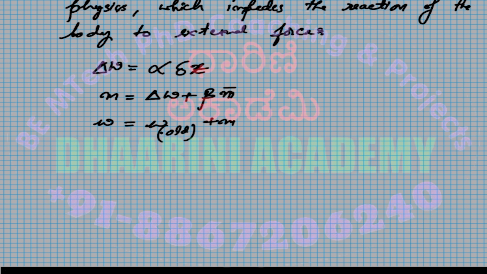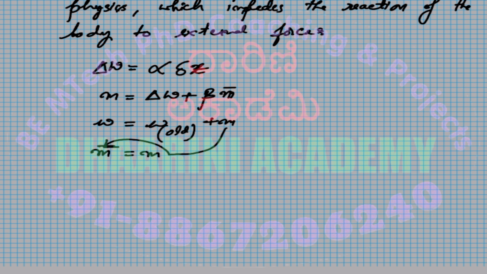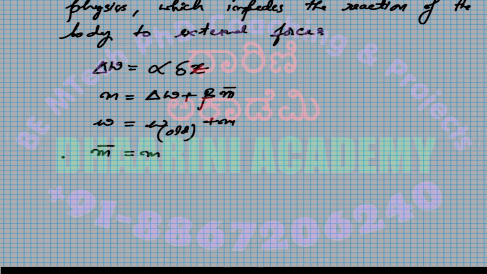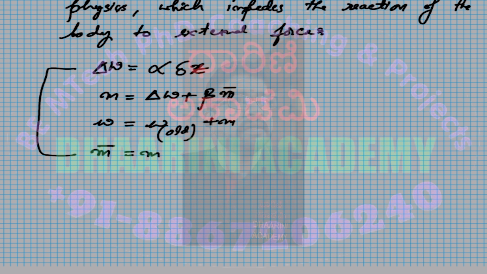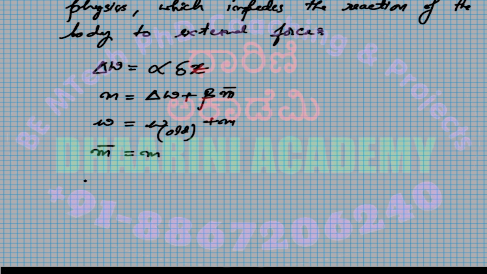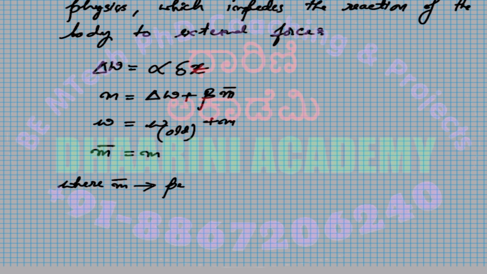Once this is done, you update M bar equal to M. This M gets updated to M bar, so that when you execute this function once again from the beginning, M bar holds the past value of the momentum of the previous iteration. Here, M bar is nothing but the previous momentum.